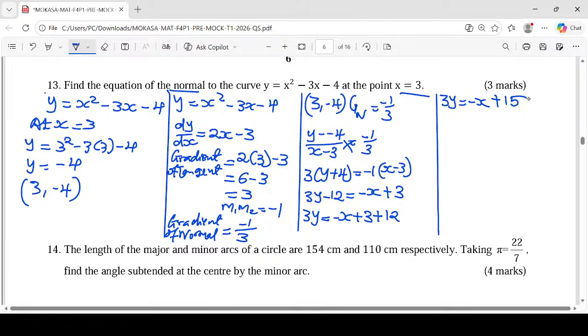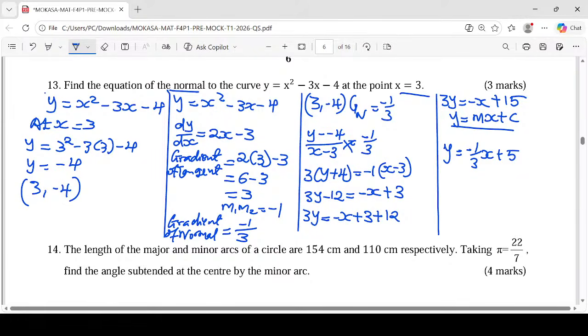I want to leave my answer in form of y is equal to mx plus c, meaning I'm going to divide through by 3. I'll have y being equivalent to -1/3 x plus 5. And that gives the equation of the normal to the curve. Hope you've understood. Whereby we had y plus 4 over x minus 3 being equal to that.